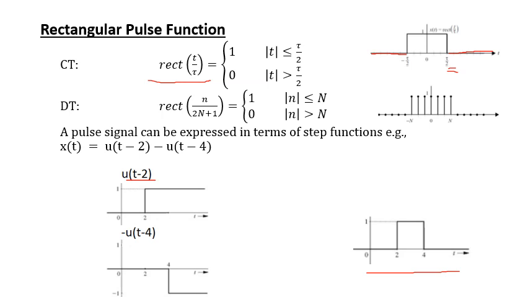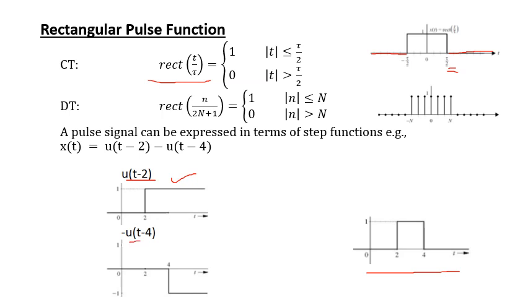Now, because I want it to stay 1 from 2 up to 4, I need another step function, shifted 4 units, with negative amplitude. So I get minus u of t minus 4.